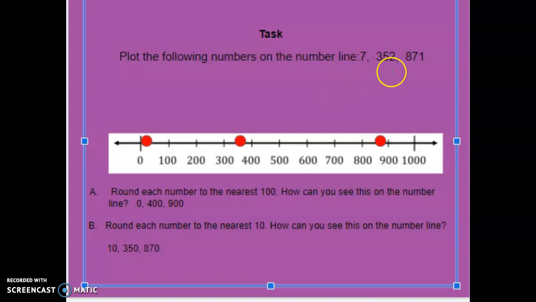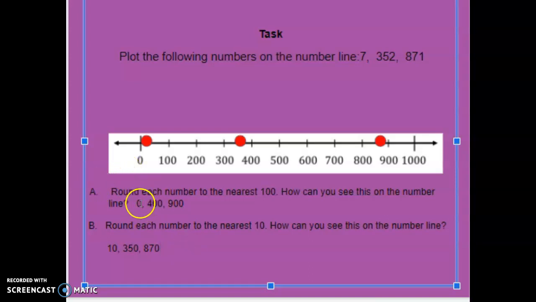Now let's look at those numbers. If I look at the hundreds numbers that we rounded, and then I look at the rounding to the nearest 10, which one gave us the closest answers to the original numbers?